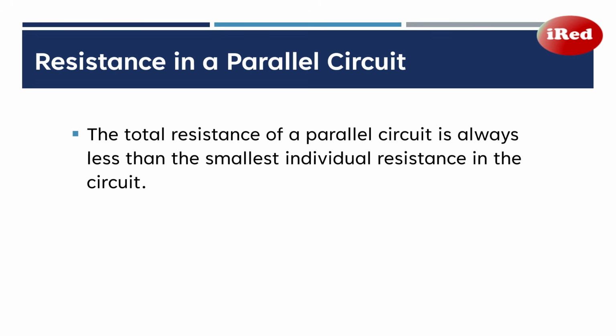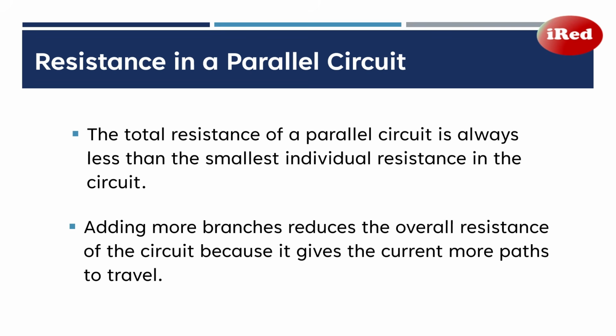This happens because when resistors are connected in parallel, electric current has multiple paths to travel. Because there are more paths available, it becomes easier for the current to flow. So adding more branches reduces the overall resistance of the circuit because it gives the current more paths to travel.